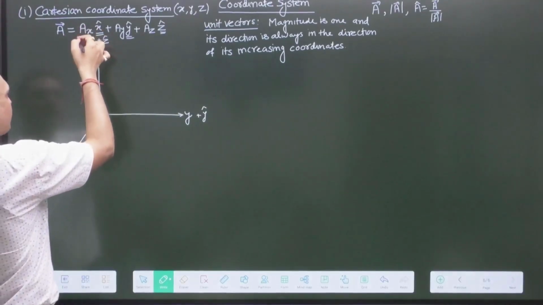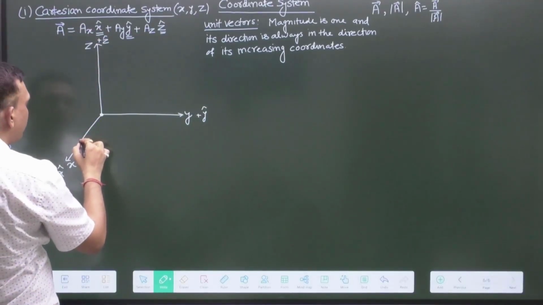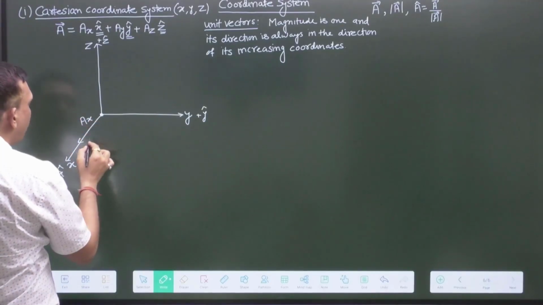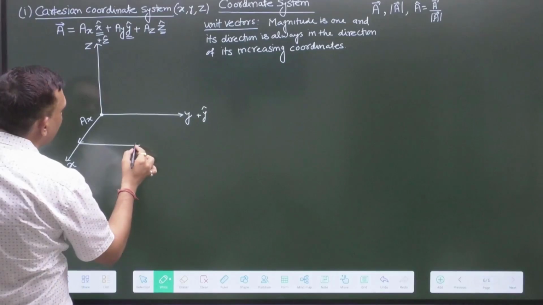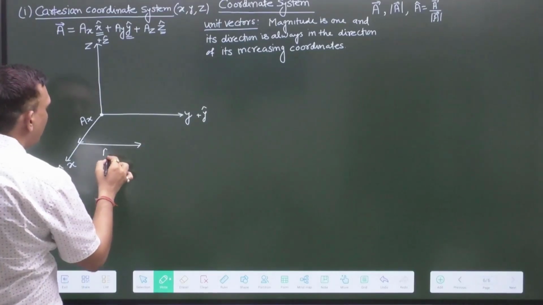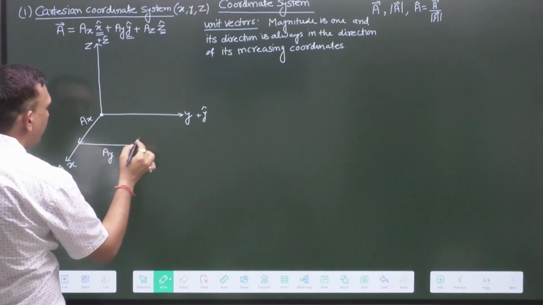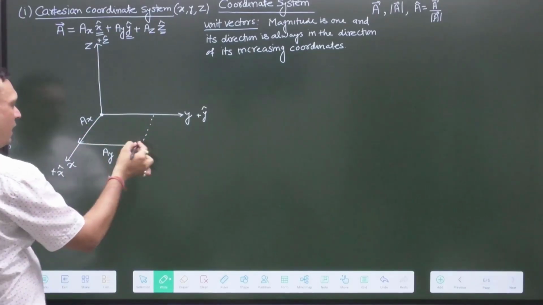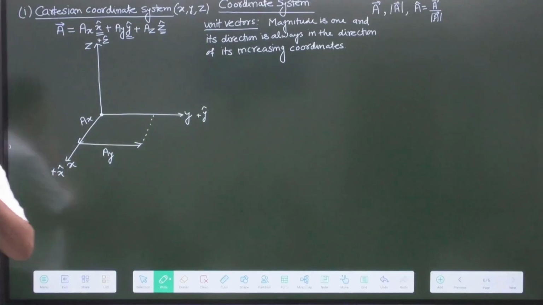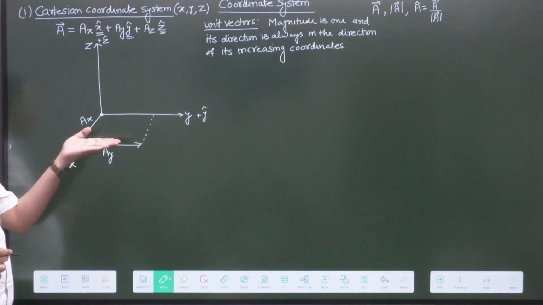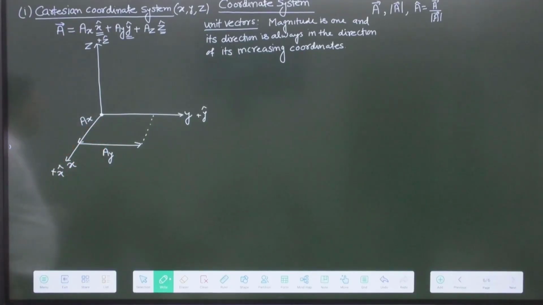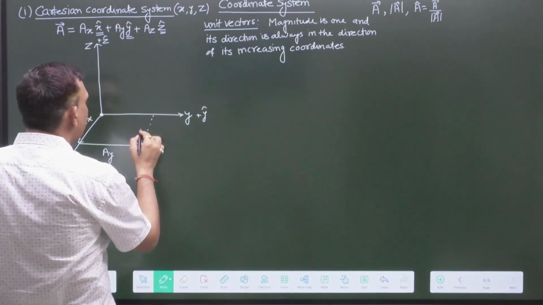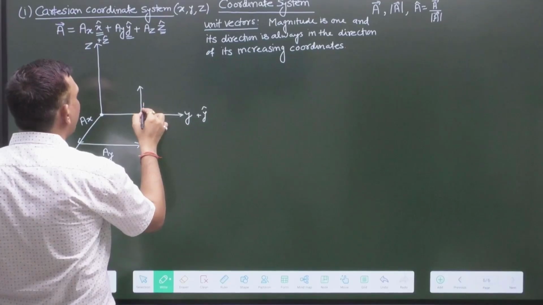Now the ax component is along x cap. So let's say the component along x cap is ax, the component along y cap is ay, and in the xy plane the components will be ax and ay, and in the z direction the component is az. This component is az.